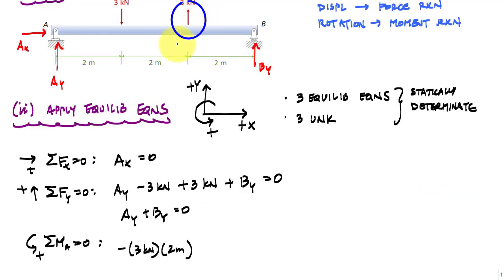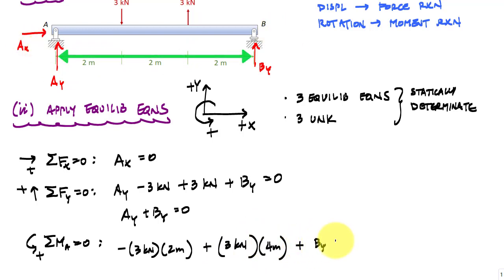The next 3 kilonewton concentrated force causes a positive moment about A. That's 3 kilonewtons, and the arm, the distance to point A, is 4 meters, plus BY times the total distance of 6 meters equals 0.